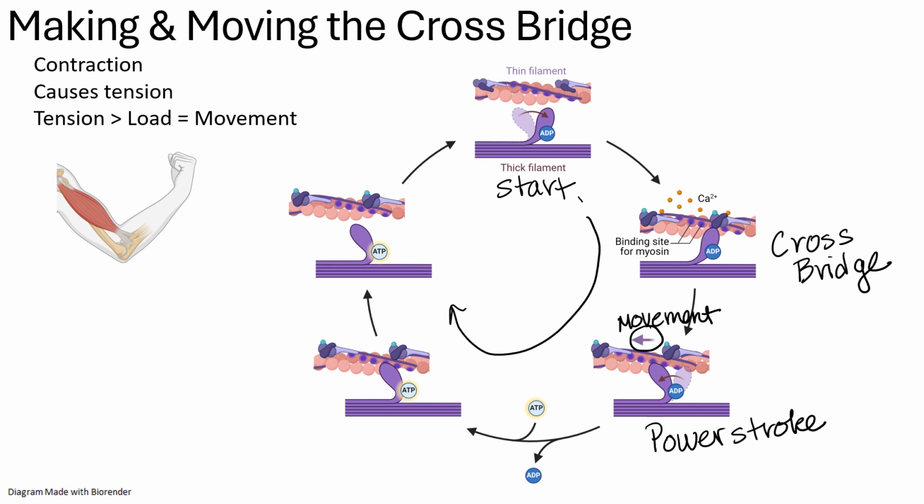Okay, at this point, I would like to point out that a cross bridge and the power stroke have all happened without the use of ATP. Up until this point, we have used no energy. You don't need any energy to make a contraction. You don't even need any energy or ATP to make the power stroke happen, despite its misleading name.